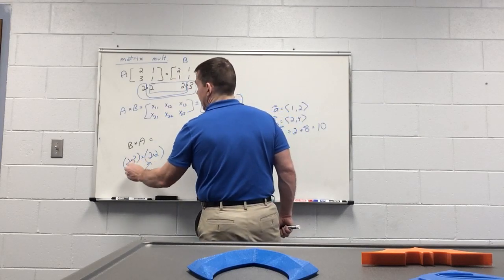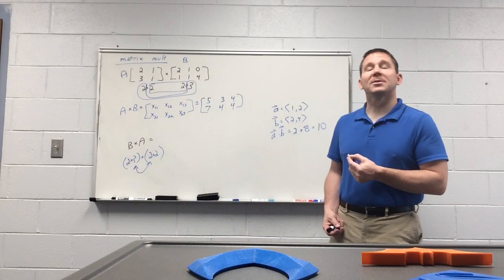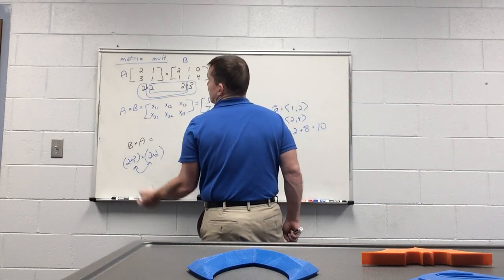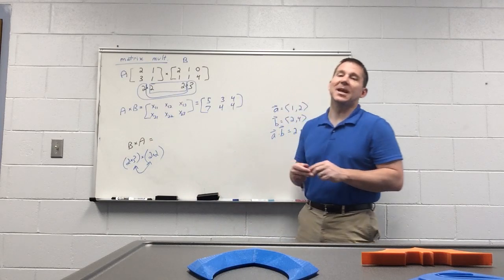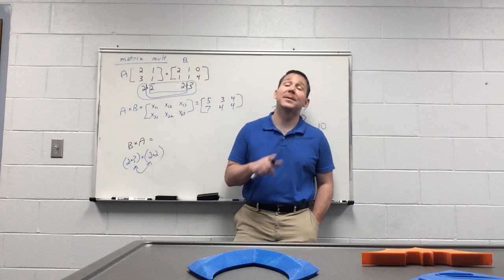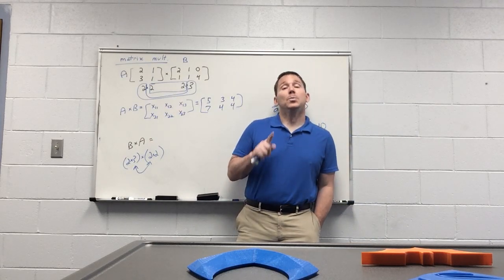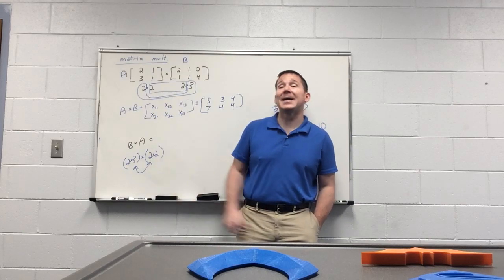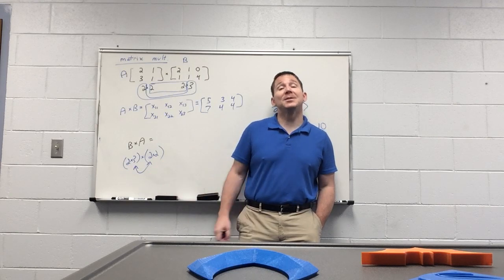Now, I can't even multiply those. Which means A times B is not the same as B times A. B times A doesn't even exist because the dimensions are different. Which means matrix multiplication is not commutative. It's not even defined in some instances based on the dimensions here.